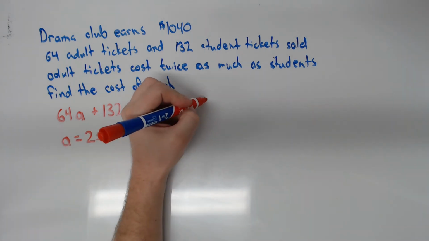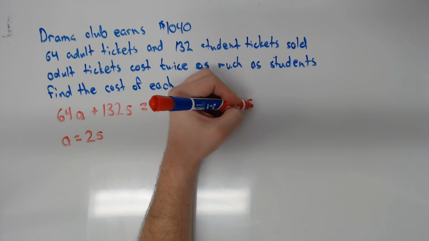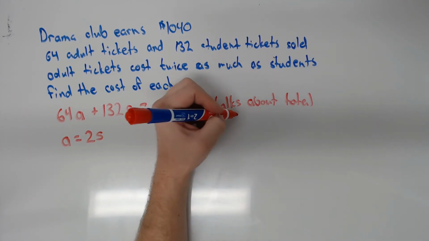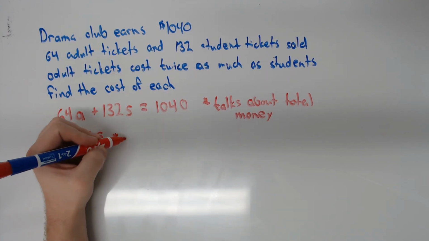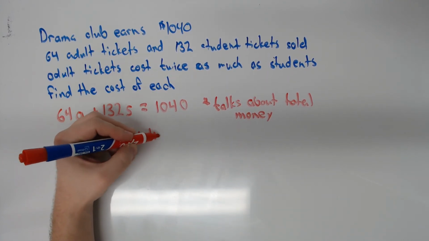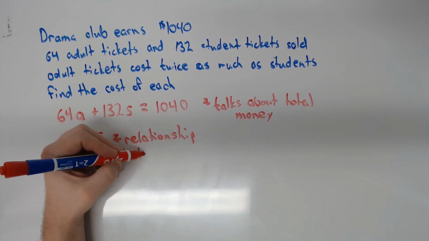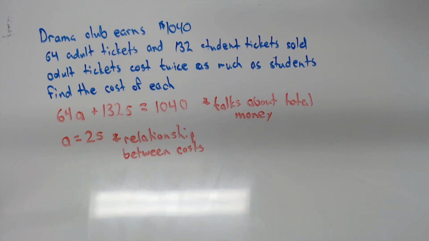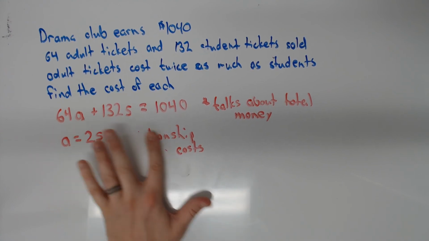The first equation talks about total money. The second equation is a separate relationship between the elements, between ticket prices. So these are our two unique pieces of information that made two equations.